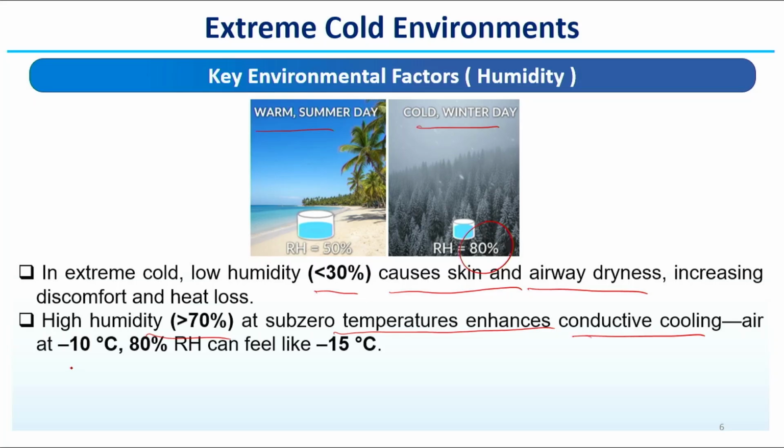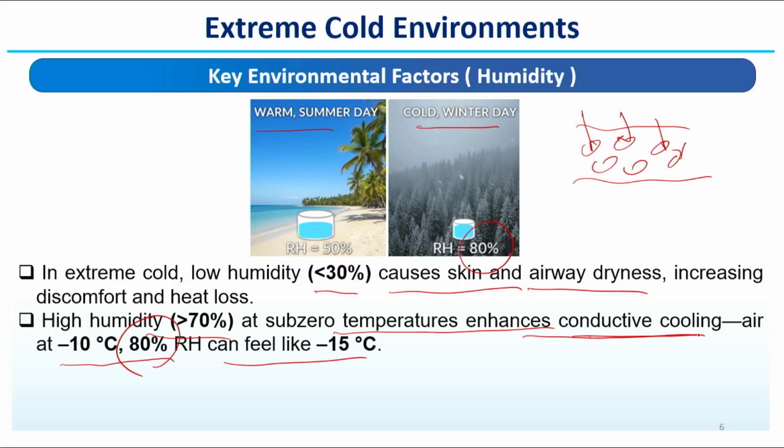Air at minus 10 degrees Celsius at 80% relative humidity: if the relative humidity is very high, the person will feel like minus 15 degrees Celsius, because the dry space inside the clothing is being replaced by moisture vapor, which enhances the conductive heat loss.